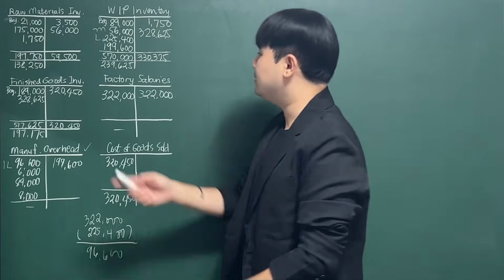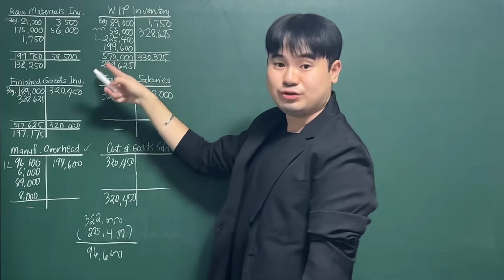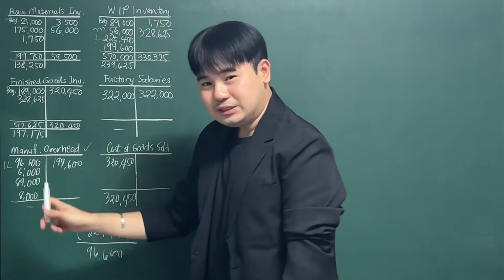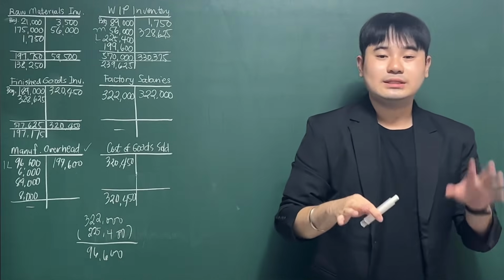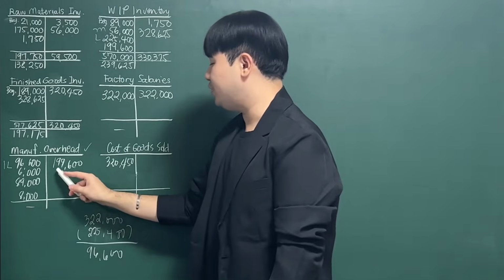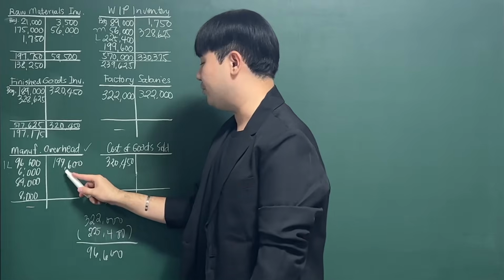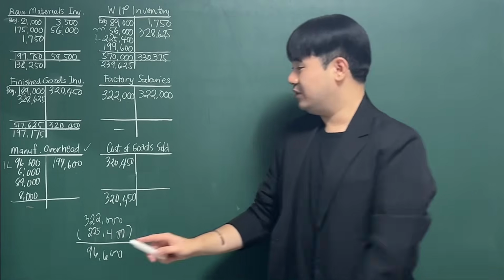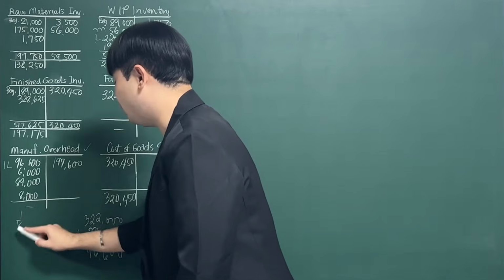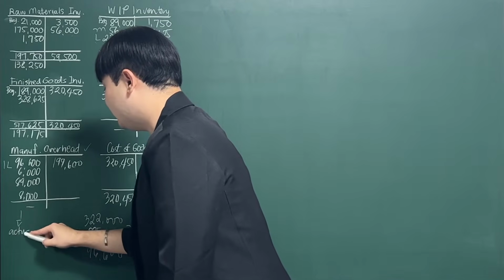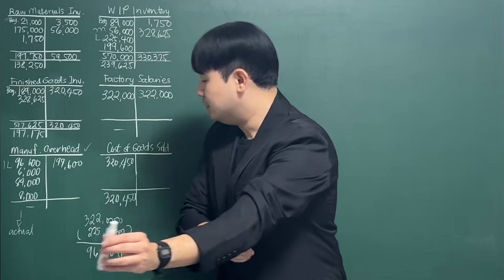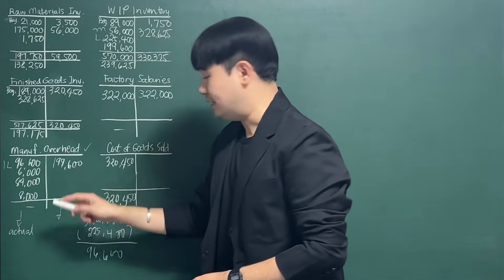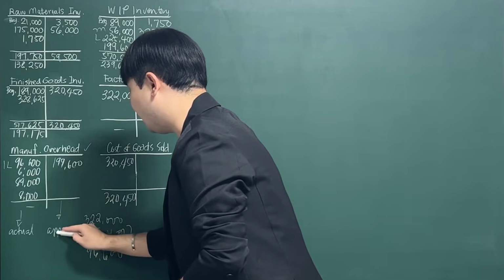Okay, next, this 199,600, so maybe this is overhead. Look at the T account for overhead. If you look at the T account for overhead, it says here that you have a credit of 199,600. Remember, in cost accounting, debits to your manufacturing overhead is your actual overhead, and credit to your manufacturing overhead account is your applied overhead.